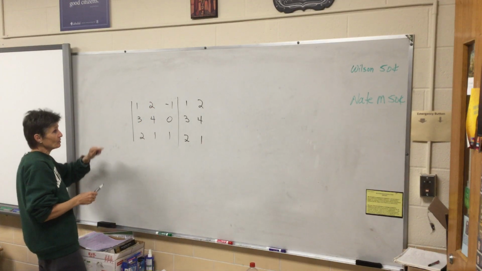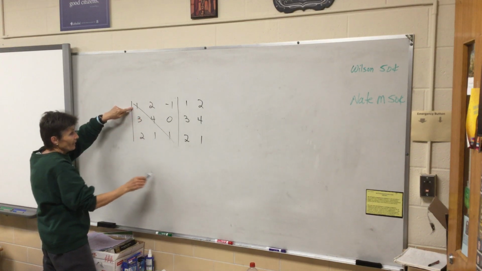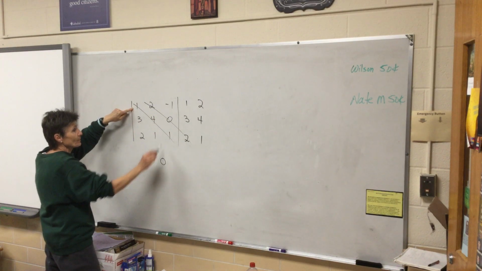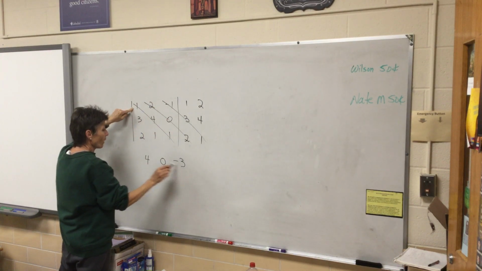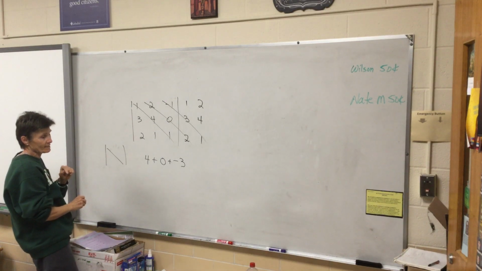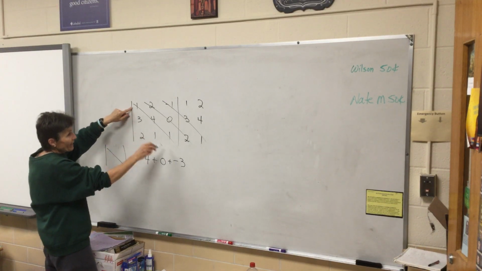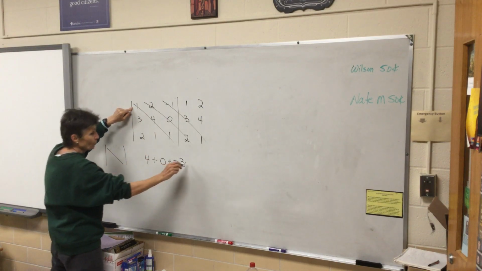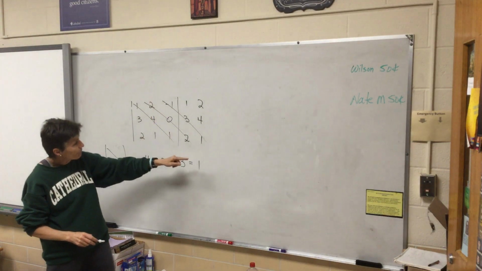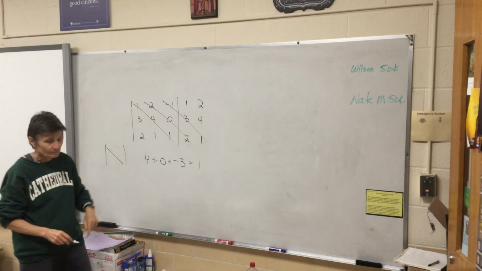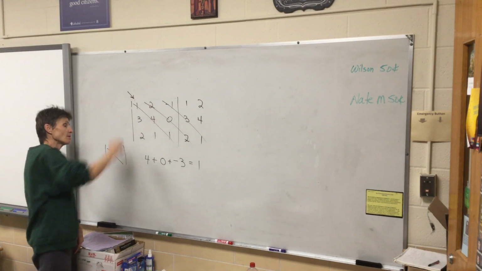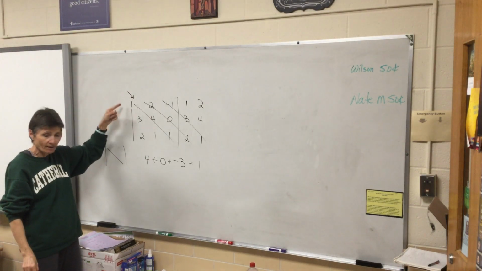Now, just like with your 2 by 2s, multiply down, multiply down, multiply down. So I start by multiplying down, but in a 2 by 2, I only do it once. With a 3 by 3, I have to do it 3 times, and then I total those up. So I got 4 and 0 and -3. And I'll say it one more time. You always start down and you always start there.